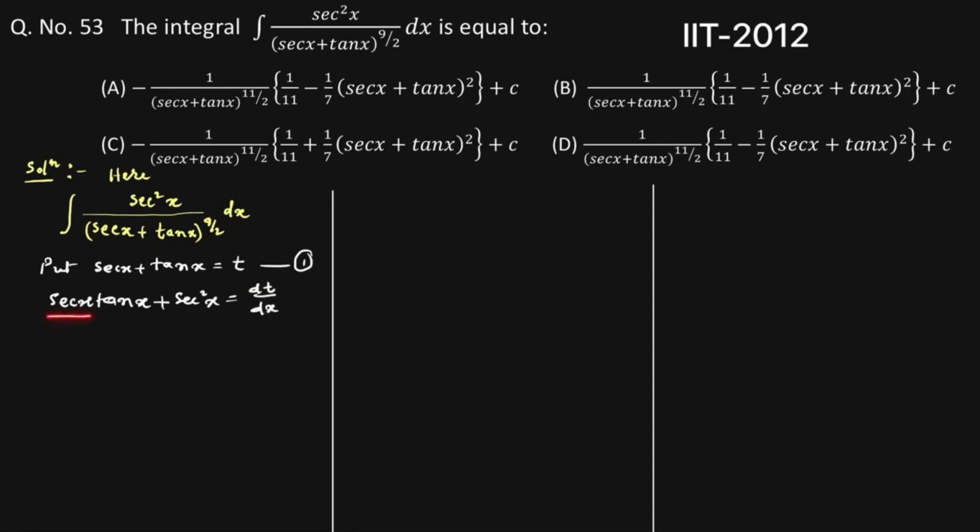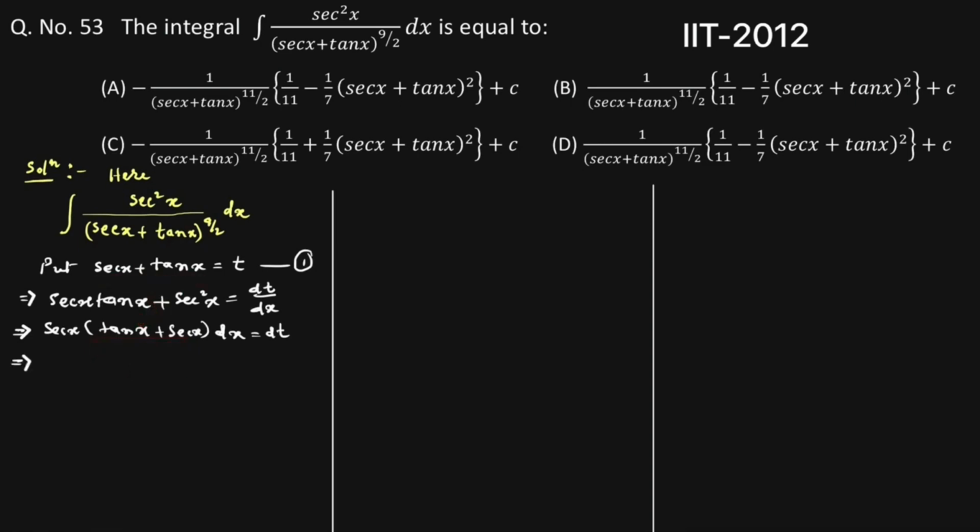Now we will take sec x common from these two terms, then we will get sec x (tan x plus sec x) dx equal to dt. Now this sec x plus tan x is equal to t, which we will take from this.